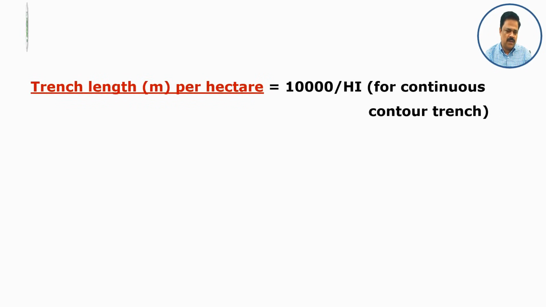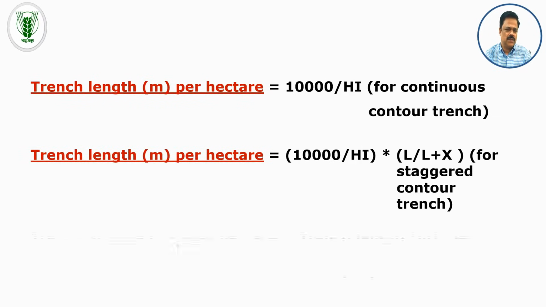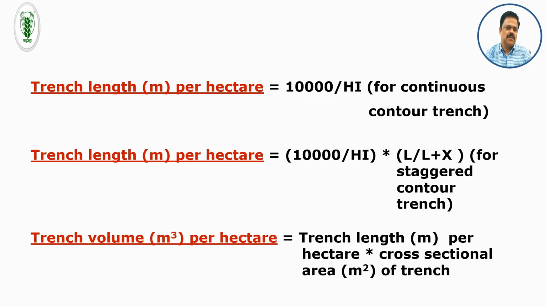Ultimately, we calculate the total volume of earthwork that is expected for a particular project site where trenching is to be done. We have to calculate the trench length per hectare. It's 10,000 upon HI for continuous contour trench, and in case of staggered contour trench, we should multiply this 10,000 upon HI by a fraction, that is L upon L plus X, because there is a gap between two trenches.